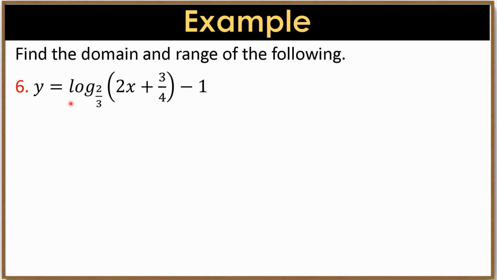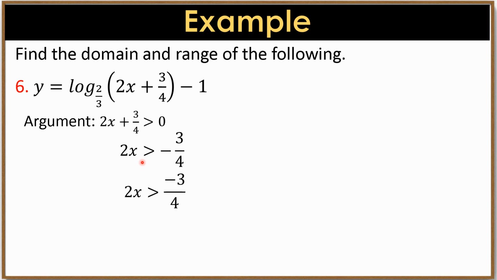Last number, you have y equals logarithm of 2x plus 3/4, minus 1, base 2/3. So therefore, we have to use 2x plus 3/4 as our argument. So you have 2x plus 3/4 is greater than 0. Applying the APE again, from positive, it becomes negative. Then, cross-multiply. 2x times 4, you have 8x.